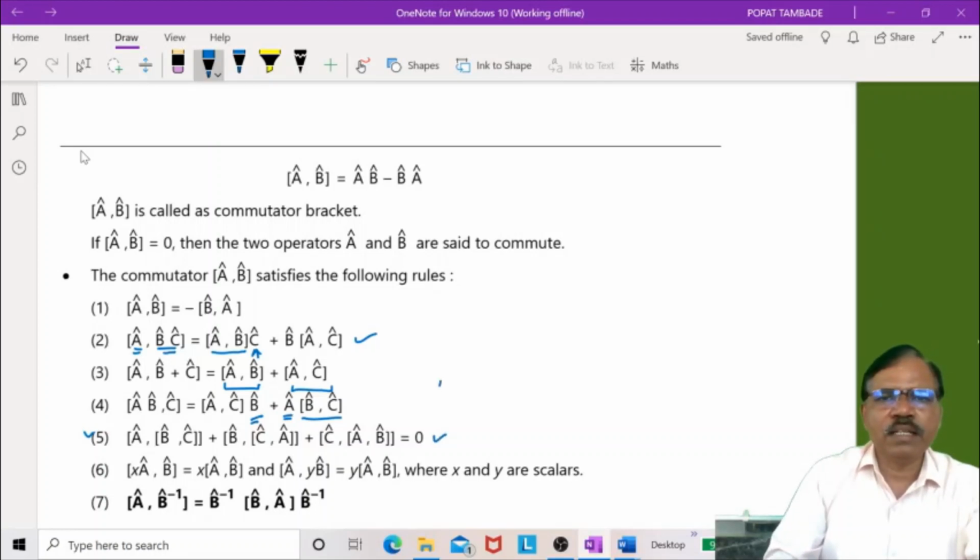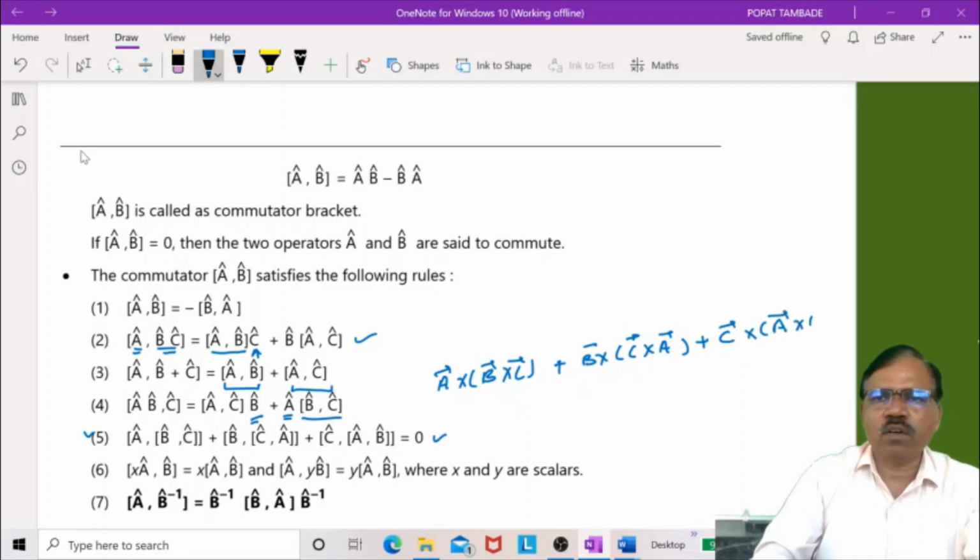This is something like the vector identity A cross B cross C plus B cross C cross A plus C cross A cross B, and we know this is equal to 0.